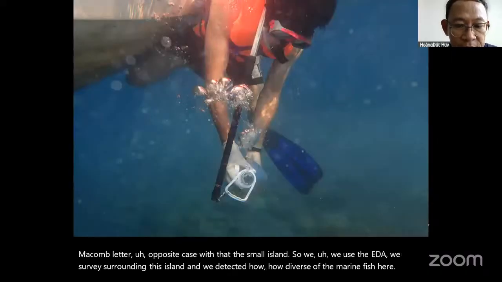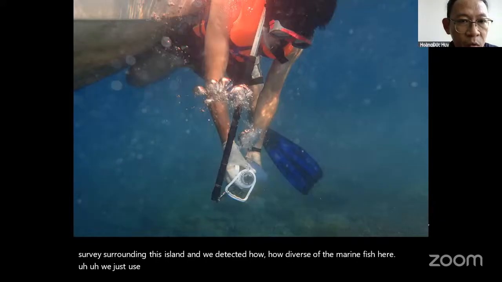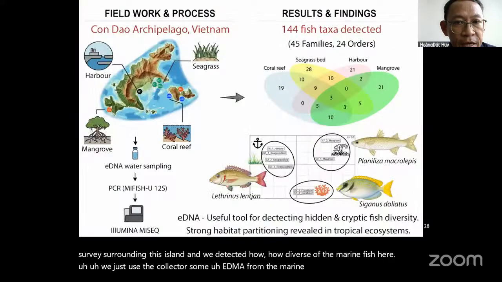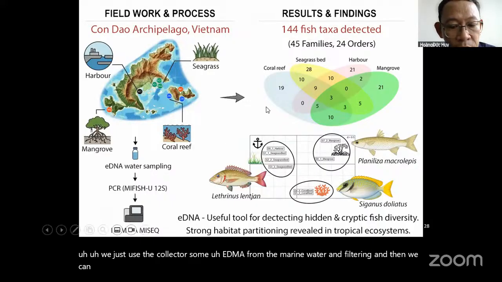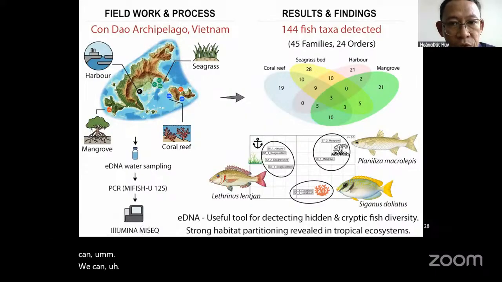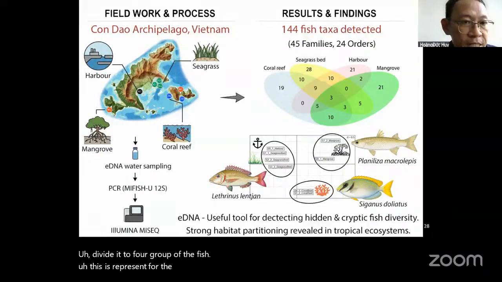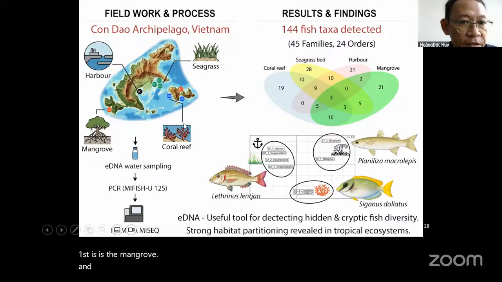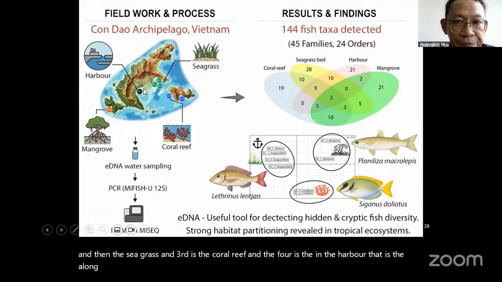We just collect some eDNA from the marine water and filter it, and then we can divide it into four groups of fish. These represent four seascapes: first the mangrove, then the seagrass, third the coral reef, and fourth the harbor, along the sand beach.